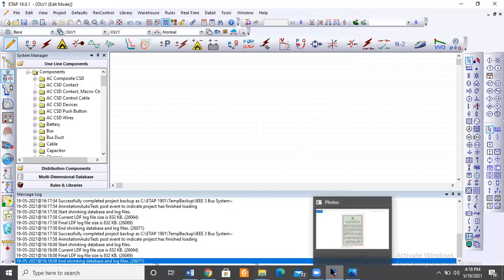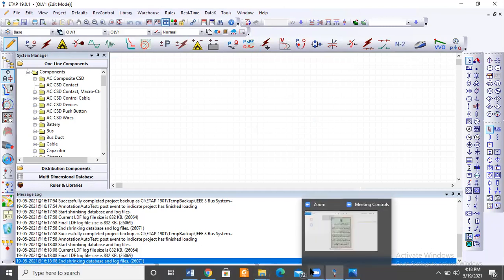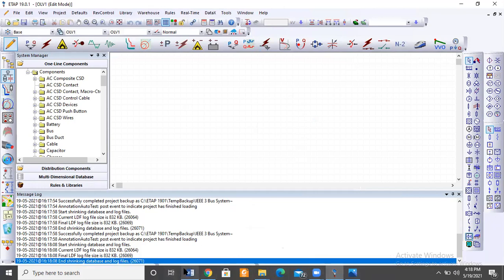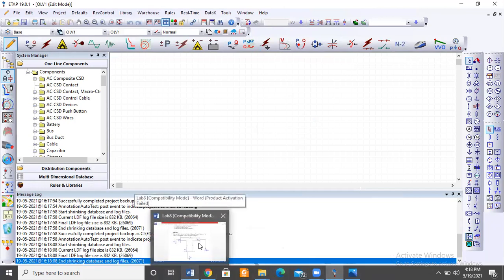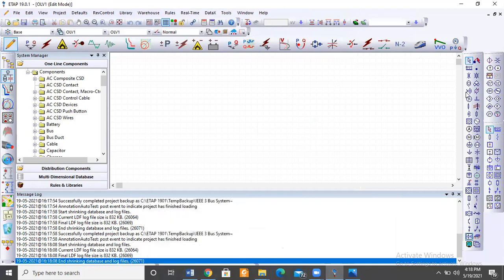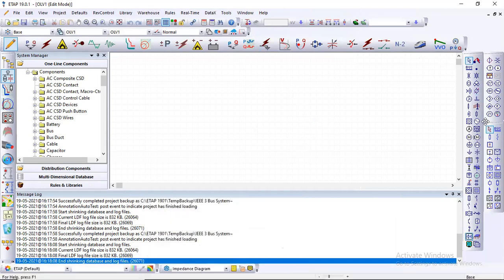So now we are moving towards selecting the particular generators from the options. So further we are selecting the particular generators, and where are the generators.